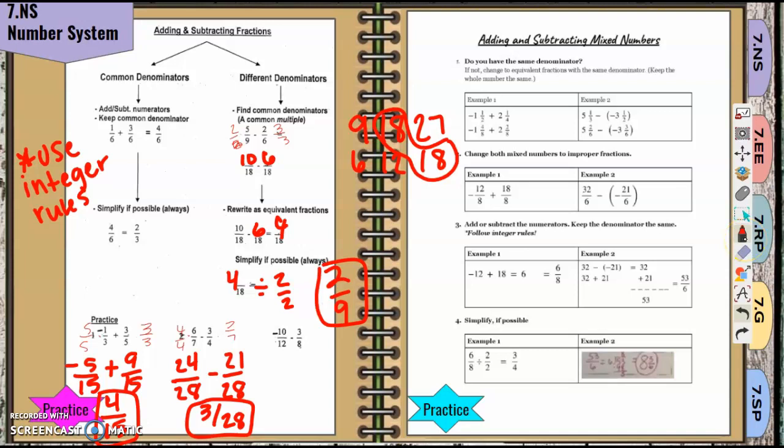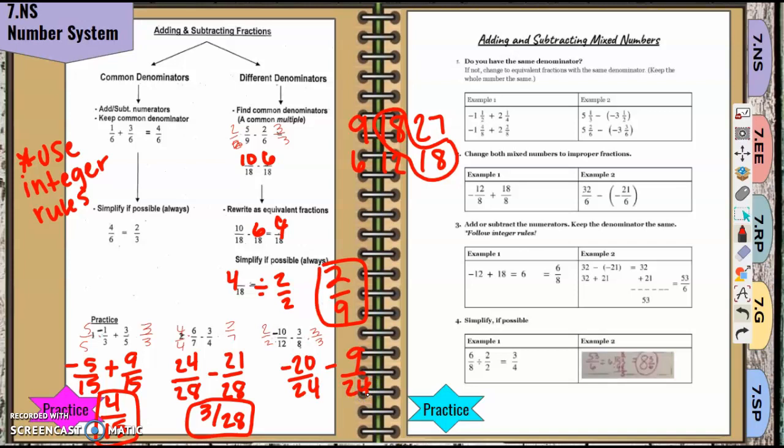And then for my last problem, I have negative 10 over 12 minus 3 over 18. My common denominator, least common multiple, is 36. So I'm going to multiply by 3. That gives me negative 30 over 36 minus the second fraction. I'm going to multiply by 2. 3 times 2 is 6 over 36.